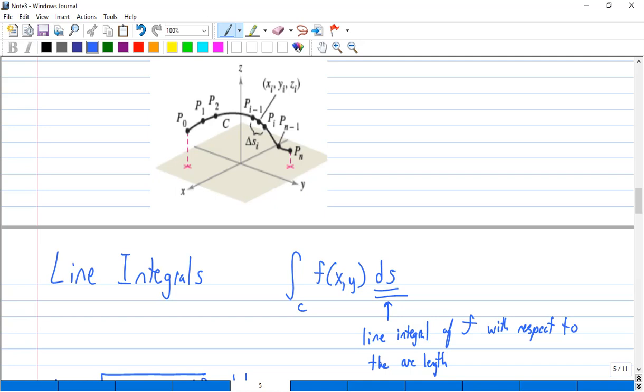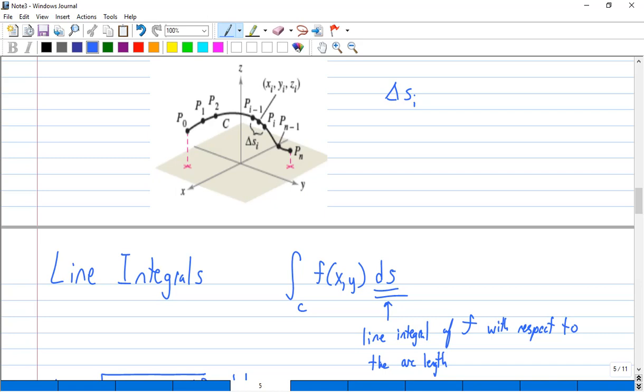Then the length of the ith subarc is given by delta S sub i. So whatever arc you're looking at, some piece, the length of the ith subarc would be given by delta S sub i.